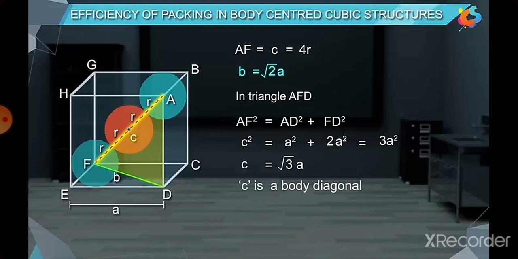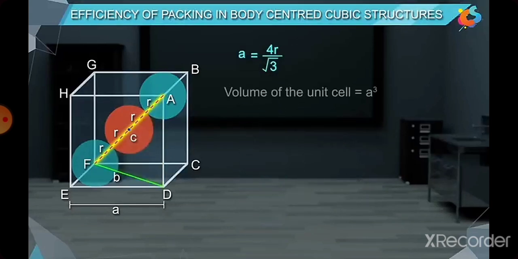But c is a body diagonal which is equal to 4r. Therefore, c is equal to square root 3 a, which is equal to 4r. a is equal to 4r by square root of 3. Volume of the unit cell is equal to a cube, which is equal to (4r by square root of 3) raised to whole cube.